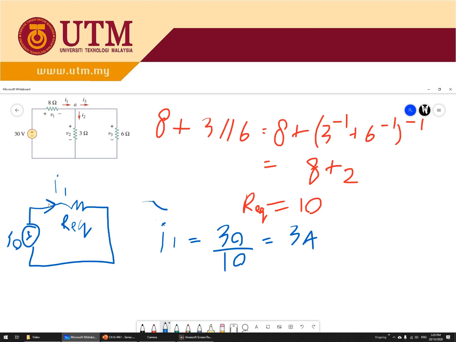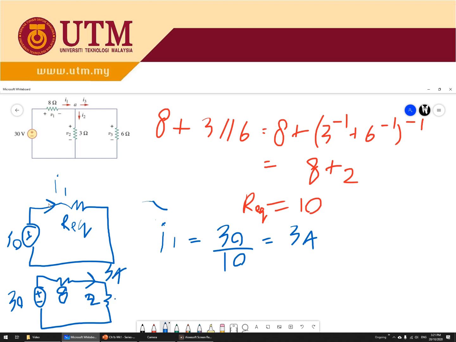Next, you find the voltage at A. So how to get the voltage at A? If you redraw this one by one, 30, you get 8. This one is actually 3 and 2, so the current is 3 ampere.